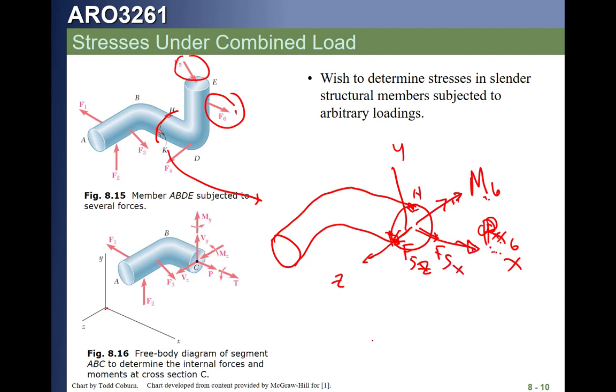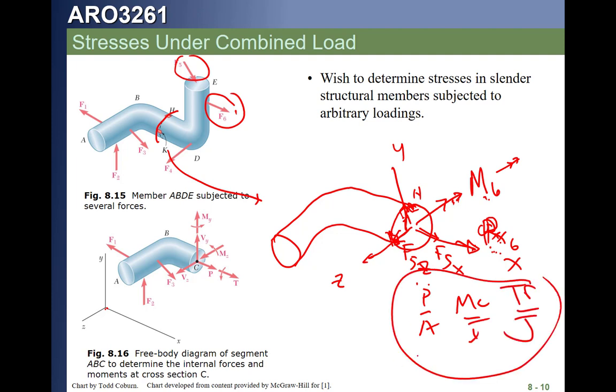Both of those are going to cause moments, so we're going to get a little component of moment like this, and another little component of moment like this, due to 5. And we would have to calculate the shear stresses and the normal stresses, the P over A and the MC over I and the TR over J of all these stresses.